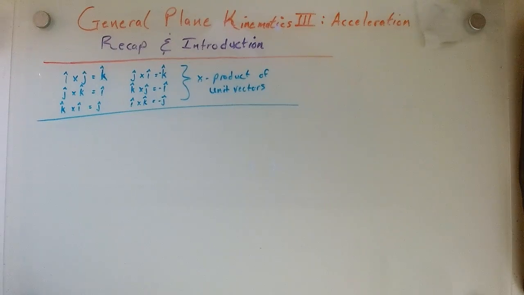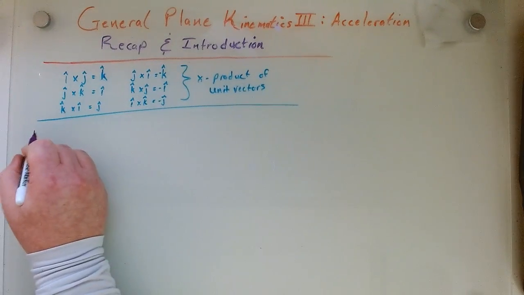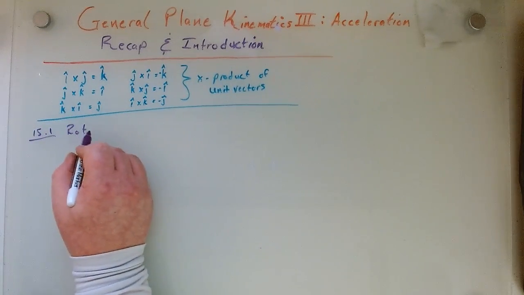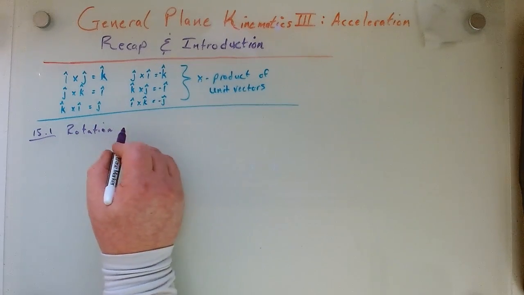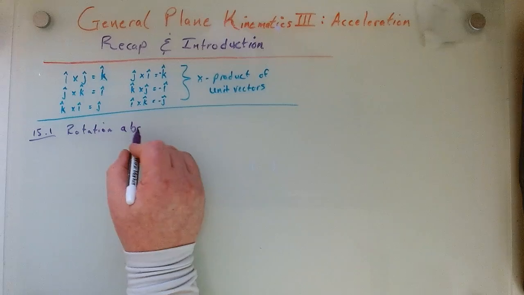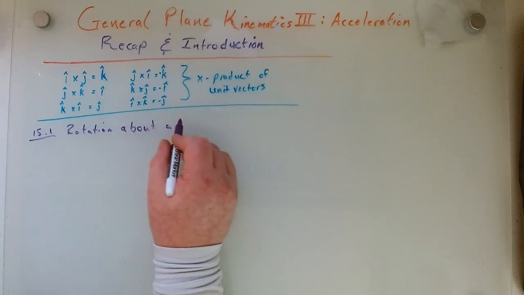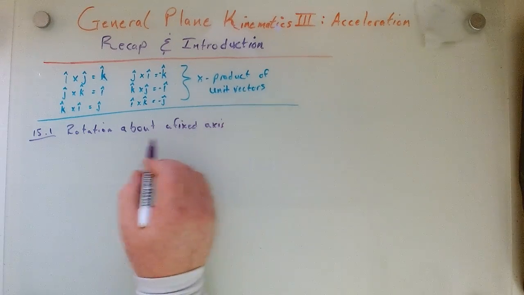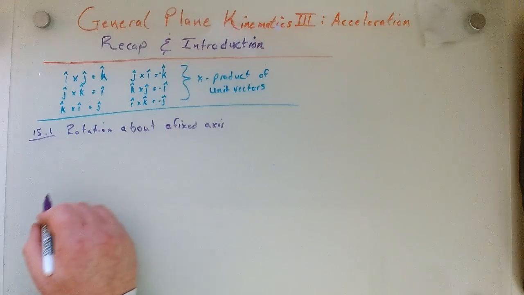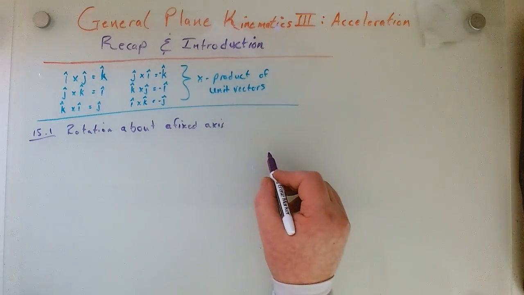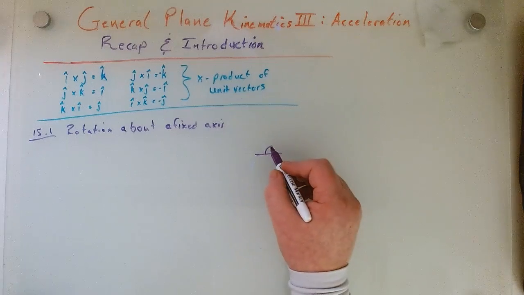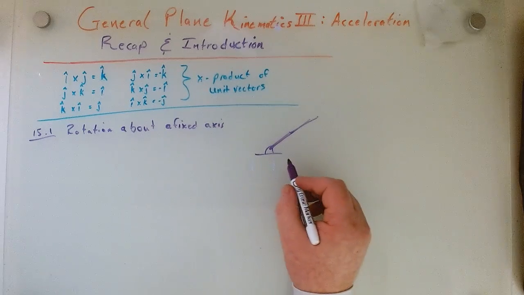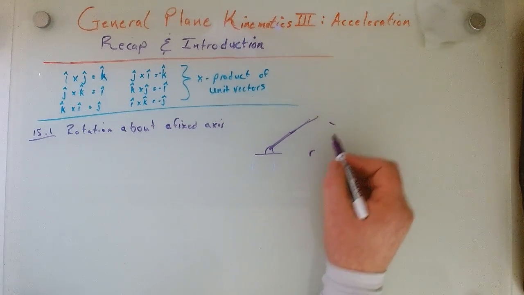Okay, so in 15.1, we were looking at rotation about a fixed axis. By the way, you should take notes on this. Seriously, this will help. A fixed axis. So imagine something. Let's put it over here. We've got a thing, and it is rotating. Let's make it bigger and put stuff on it. It has a length of r, like this.